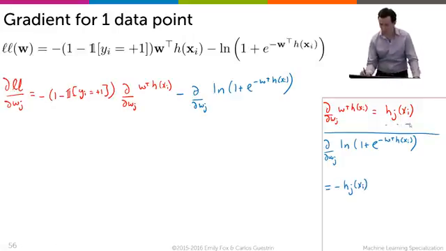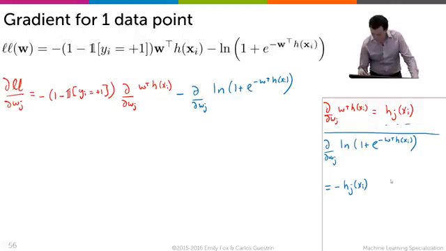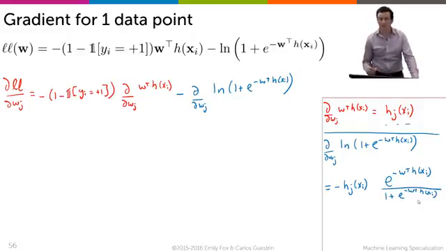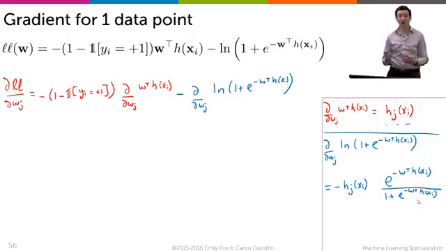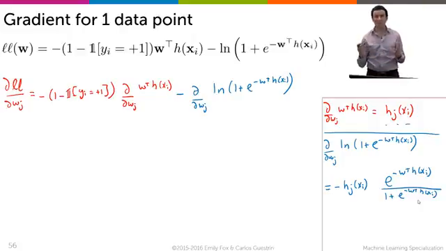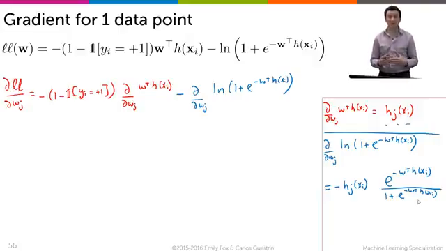Note that it's just like up here, there's an hj of xi that multiplies a really exciting, beautiful term: e to the power of minus w transpose h of xi divided by 1 plus e to the minus w transpose h of xi. Please take a moment to enjoy the beauty of the logistic regression model.